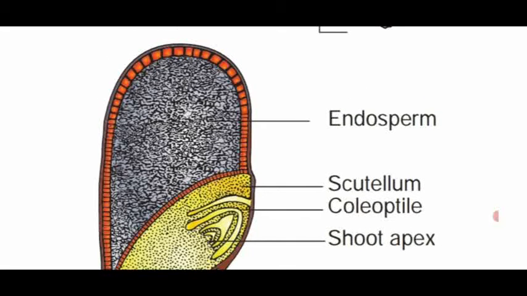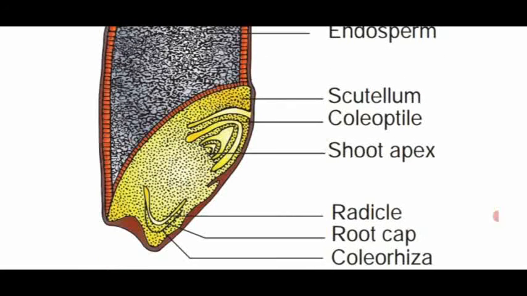The entire region is surrounded by an outer protective layer, and inside it is the endosperm. Inside the endosperm, they are having the embryo, which has only one cotyledon named as scutellum. Below the scutellum is the plumule, which is covered by a sheathy structure called coleoptile.